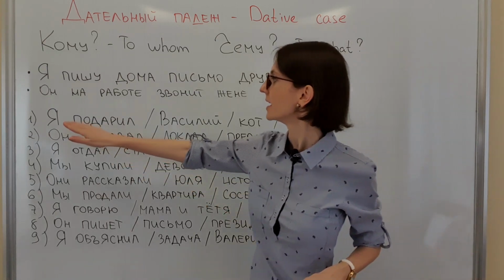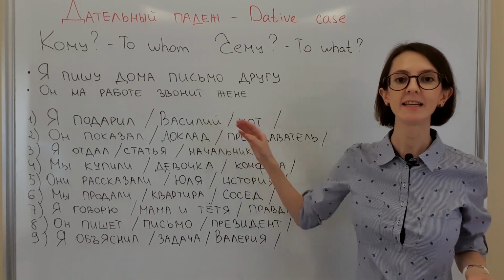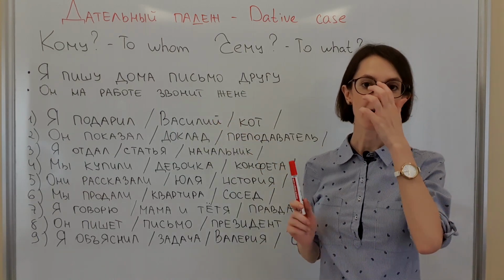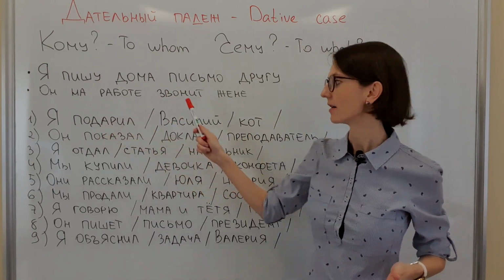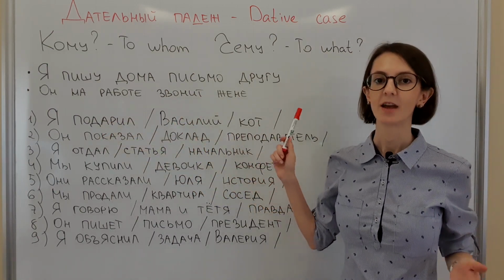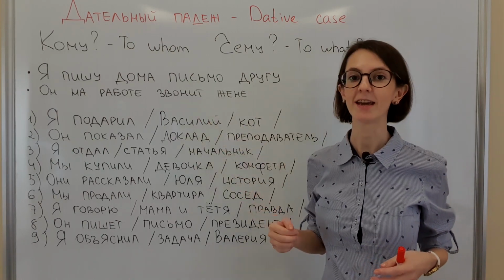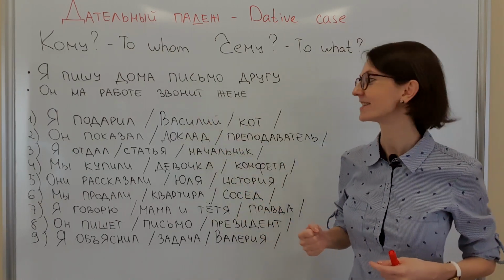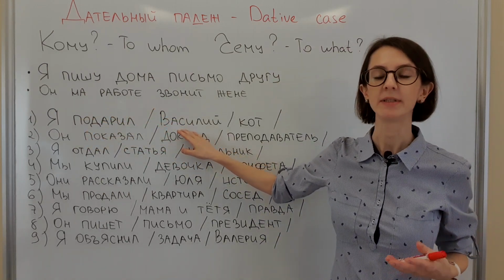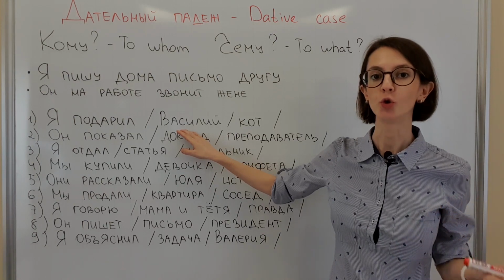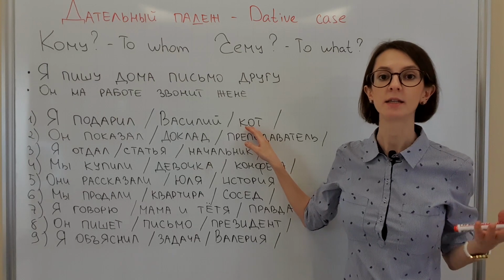So let's start. Я подарил Василий кот. Vasily, this is a common masculine name. So I presented Vasily cat. So I think cat will be the object, Vasily will be the recipient of our actions. So я подарил кому? Я подарил Василию. Я подарил кого? Я подарил кота.